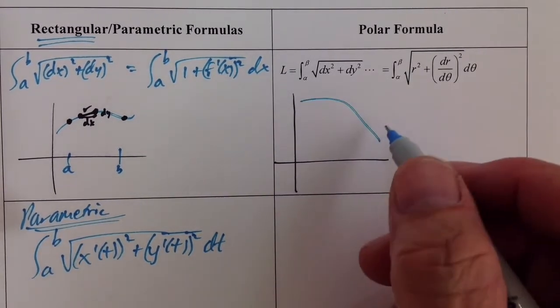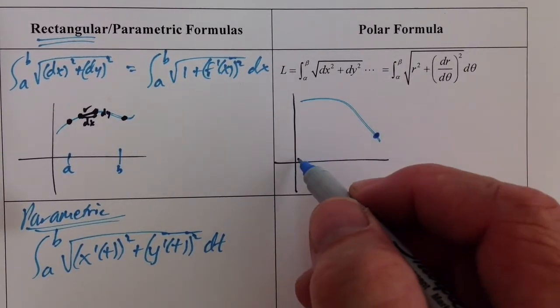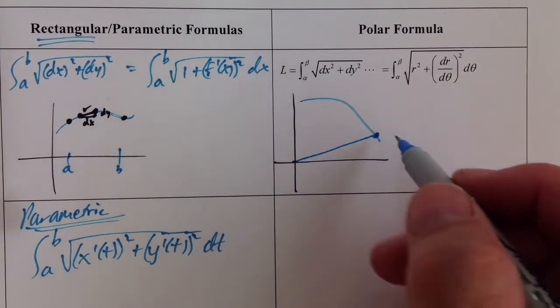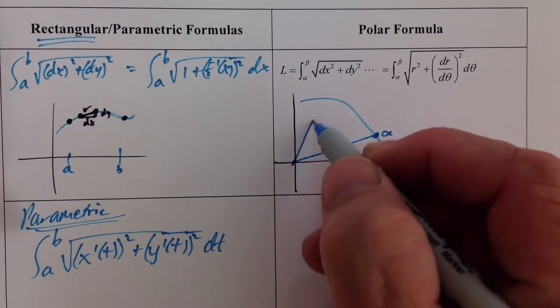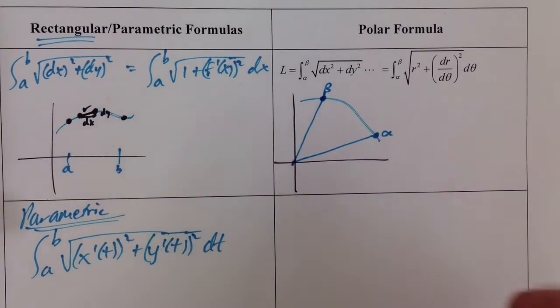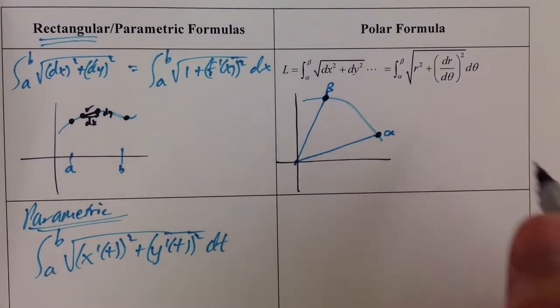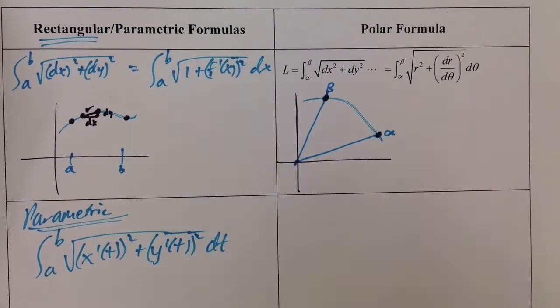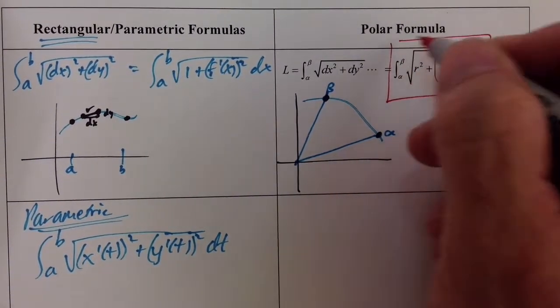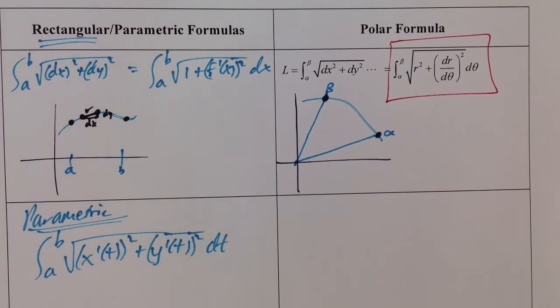And you can actually find the length of an arc from theta 1. In this case, we used alpha and beta, so alpha here and beta here. So we can actually calculate the length of the arc from here to here. And in my experience, if you're asked a polar arc length formula, it's probably going to be a circle.